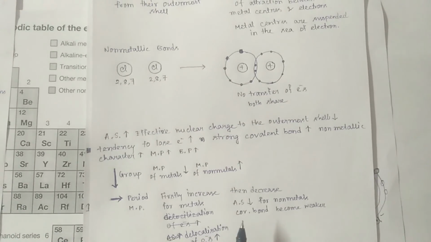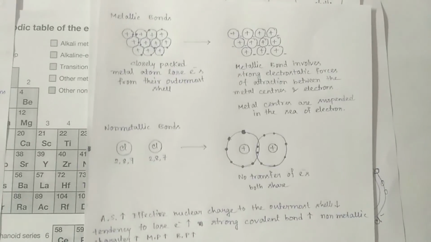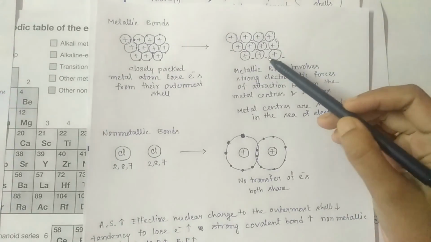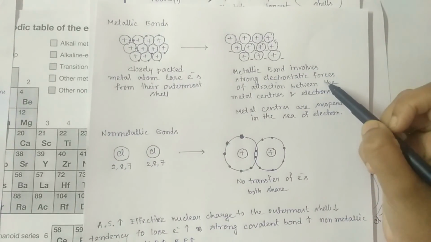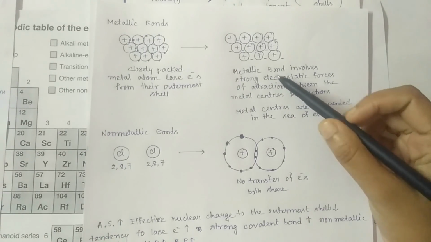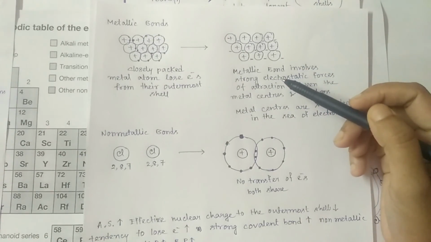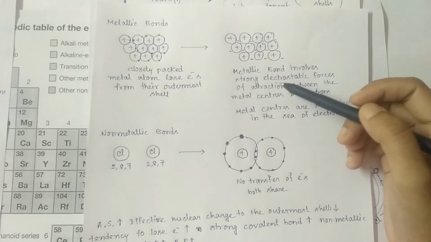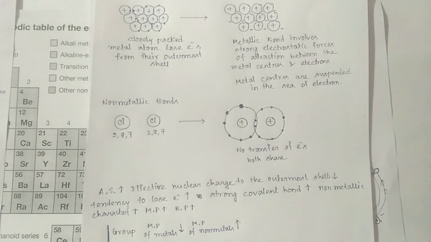That is how more electrons are delocalized in this case, and there will be a strong electrostatic force of attraction between the atoms of those metals. That is why along the period from left to right, in metals and the metallic bonds, this electrostatic force of attraction increases and the melting point increases.